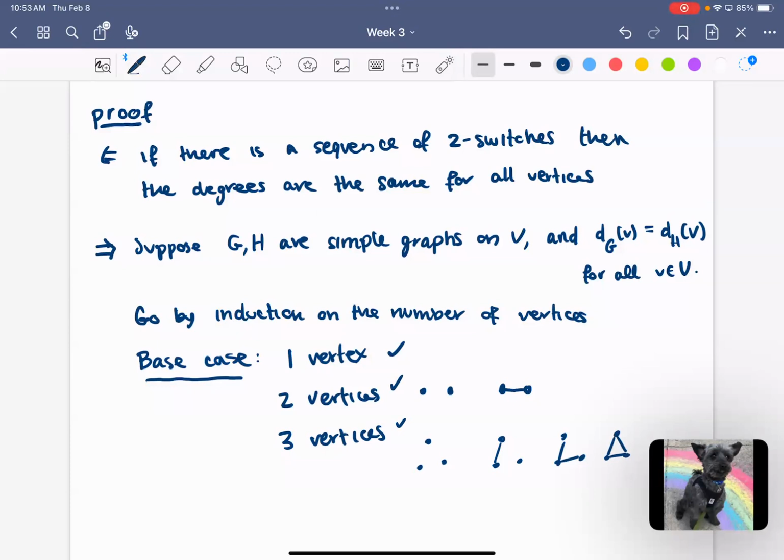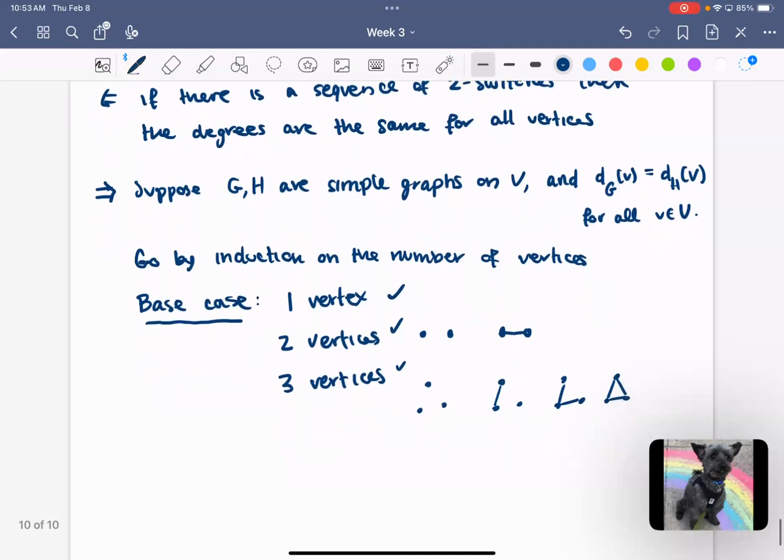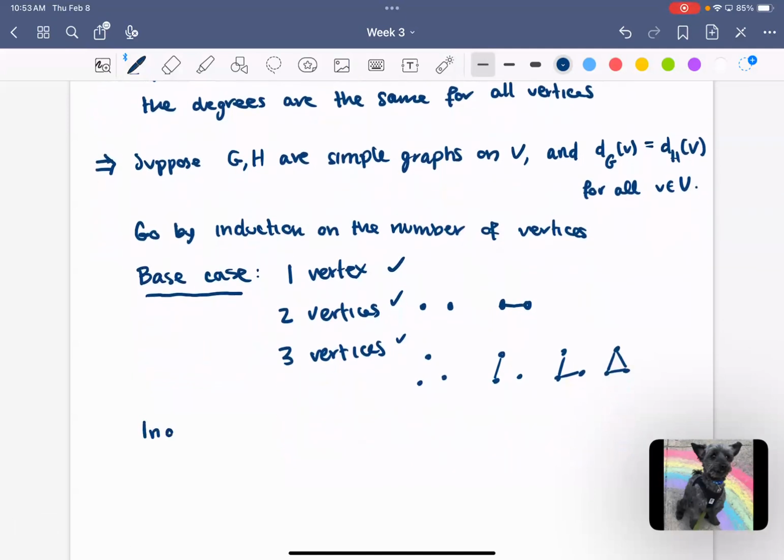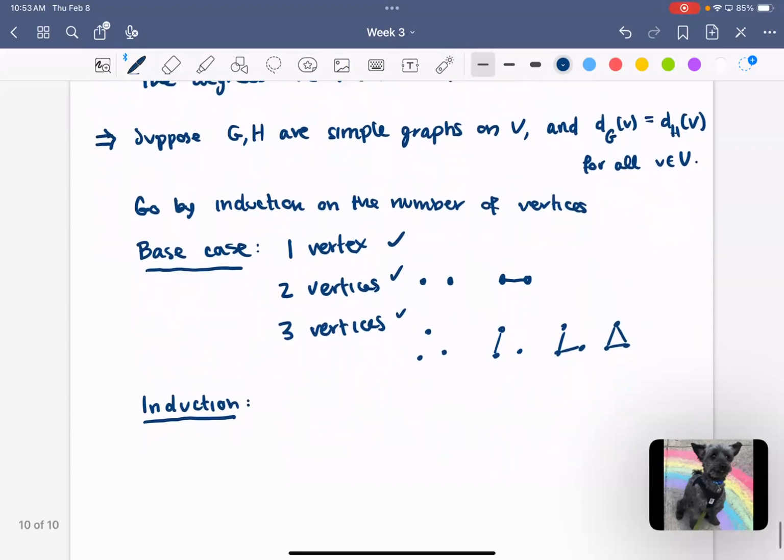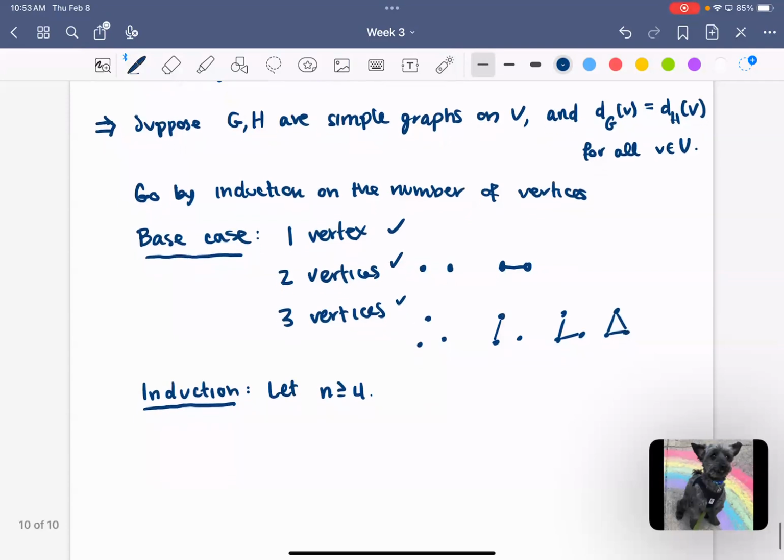Okay, so let's go to the induction. And we'll consider n greater than or equal to 4. So let's let n be greater than or equal to 4. Okay, so this is how we're going to find a sequence of 2 switches.